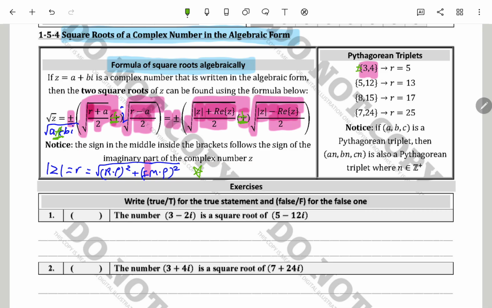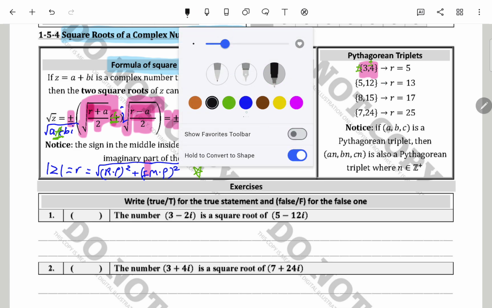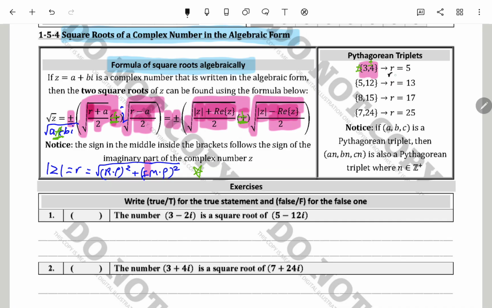It doesn't matter, because when you square the real part and square the imaginary part, that will cancel the positive or negative sign.